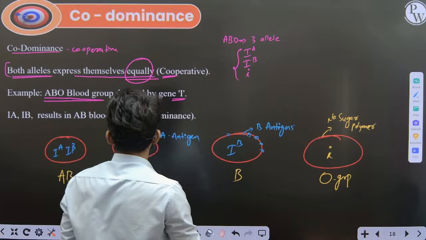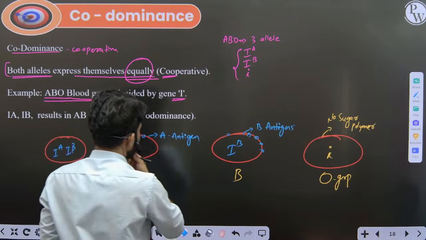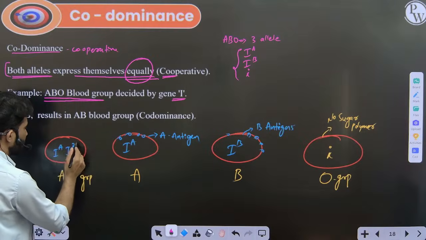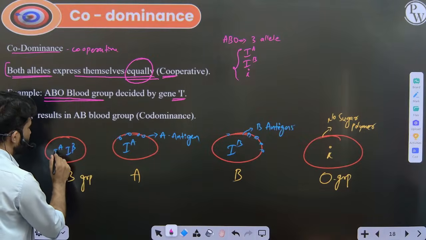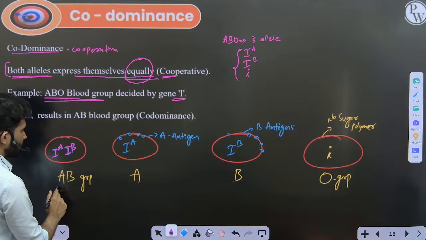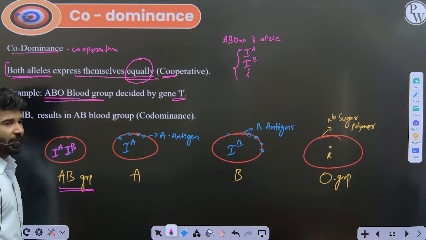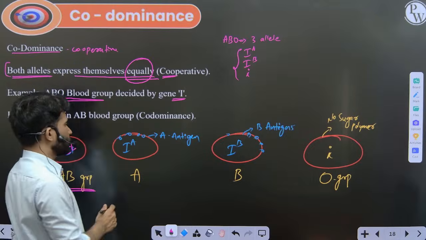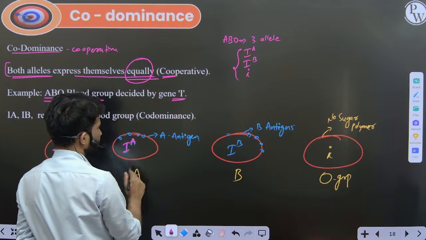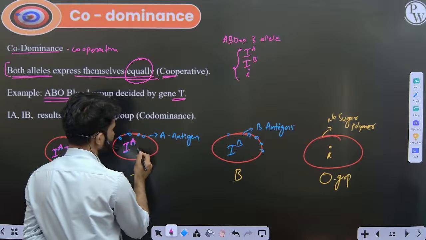Here you get a different result. In a blood group where one allele is IA and another allele is IB, then definitely the blood group must be AB blood group. If it has only the allele IA, it has an antigen, a sugar polymer on it.